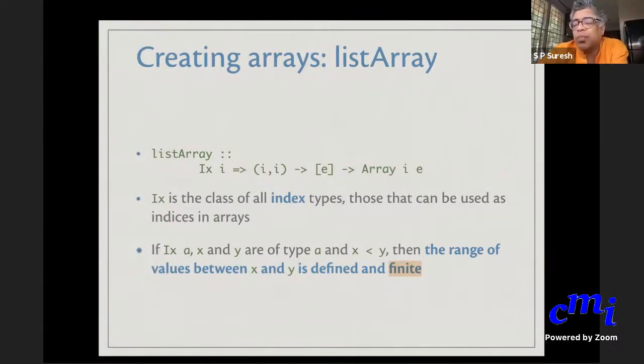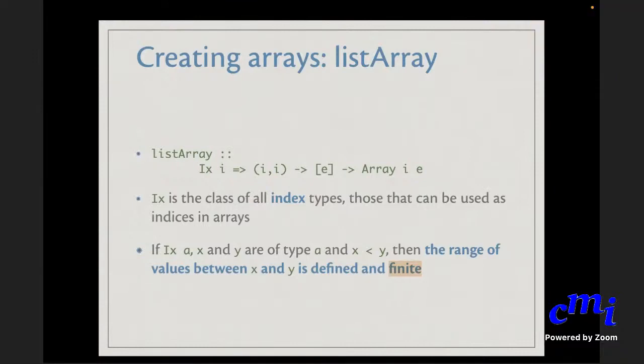It shouldn't also be a type where there is no notion of range at all. For instance, I cannot say the collection of all functions from A to B is an index type, because what are all the functions between some F1 and F2?